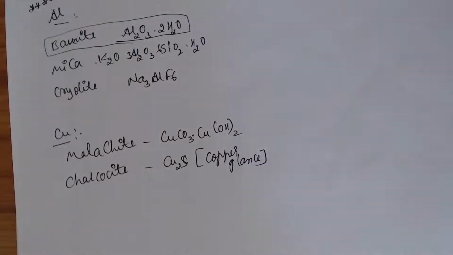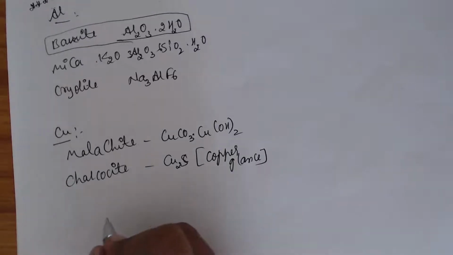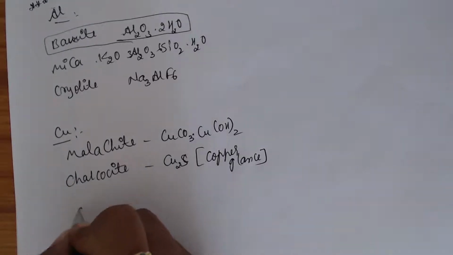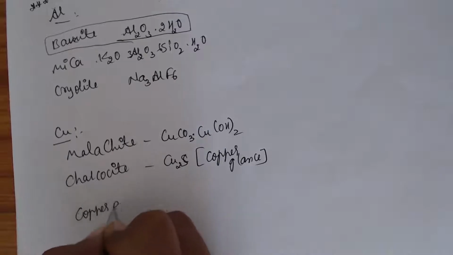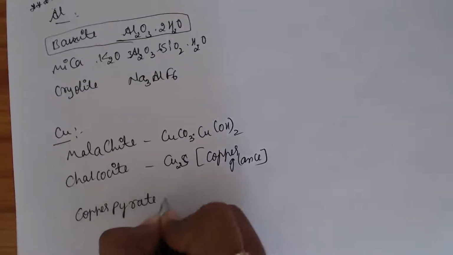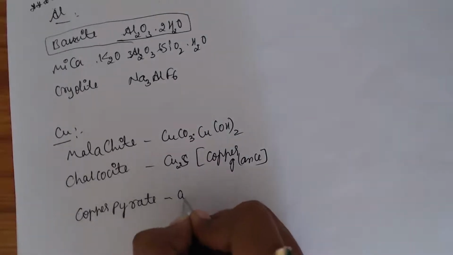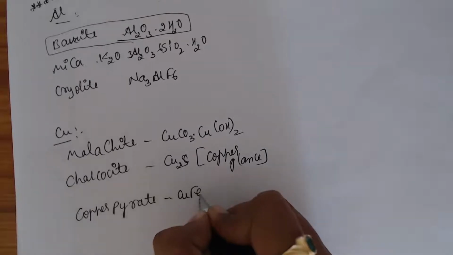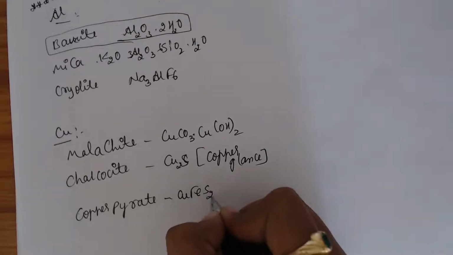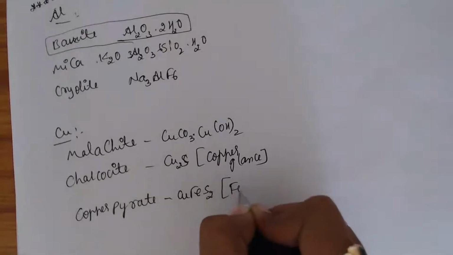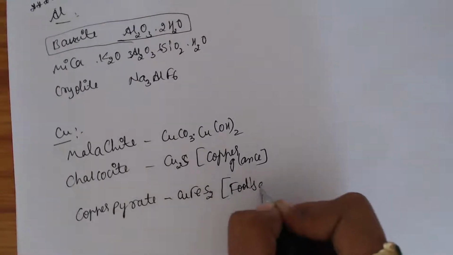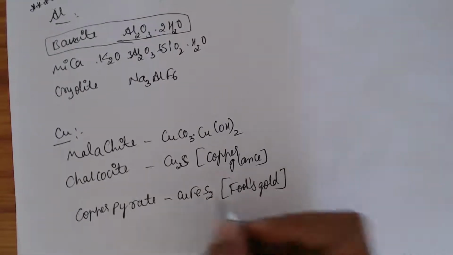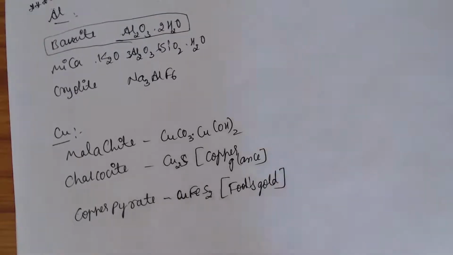Okay, students. Another one is copper pyrite. Copper pyrite means CuFeS2. This is called fool's gold.